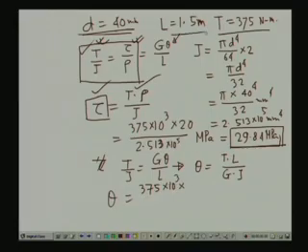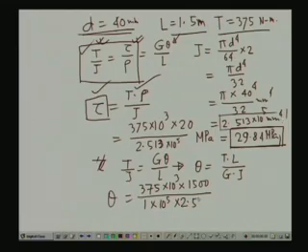Length is 1.5 meter, so it is 1500. G is given as 1 into 10 to the power 5 megapascal, into J, which we have computed as 2.513 into 10 to the power 5.